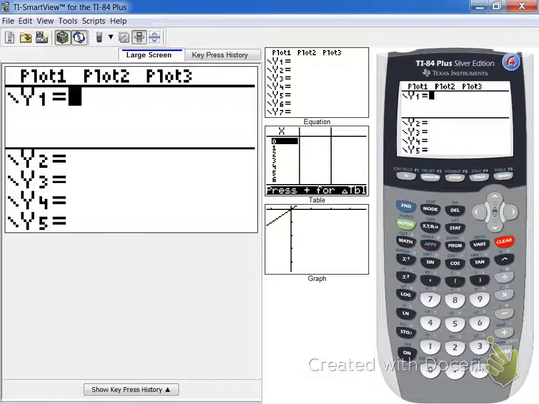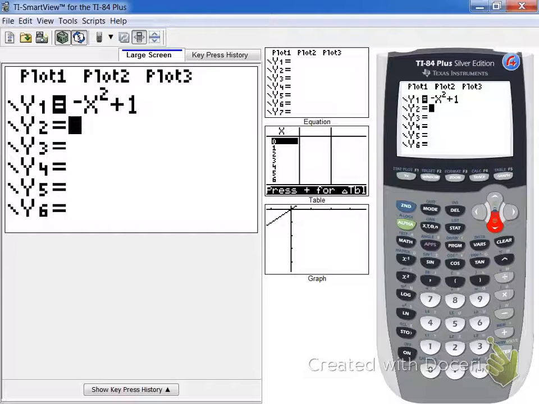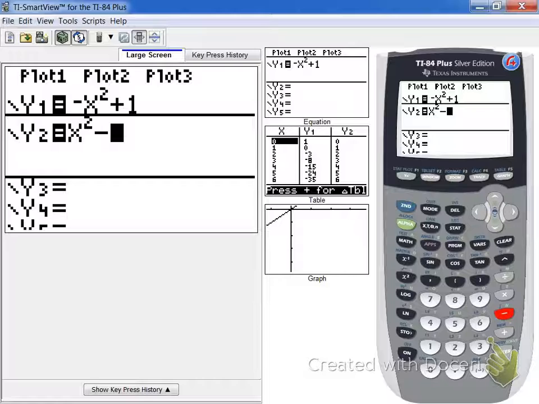So my first expression was negative, right? Whenever we use the negative, we're actually pressing this little negative instead of the minus, and x squared plus 1. And then we scroll down to our second equation, and we say x squared minus 5x minus 2.